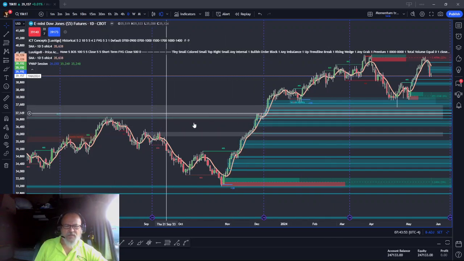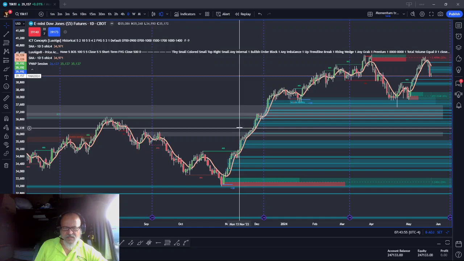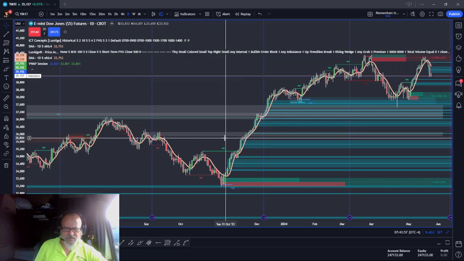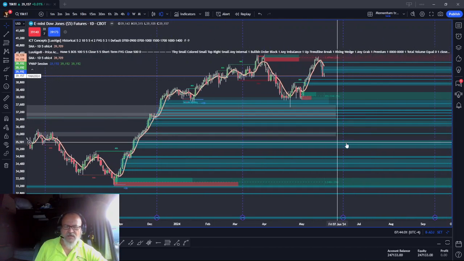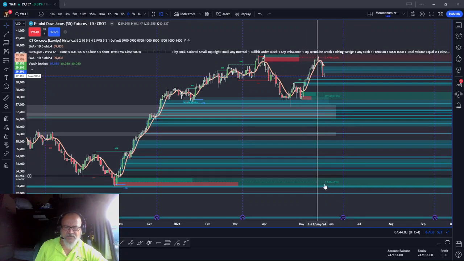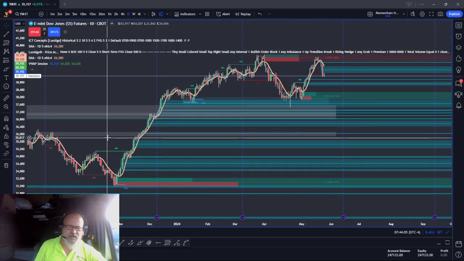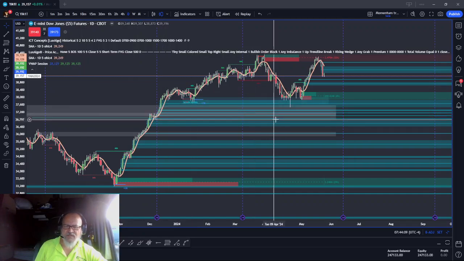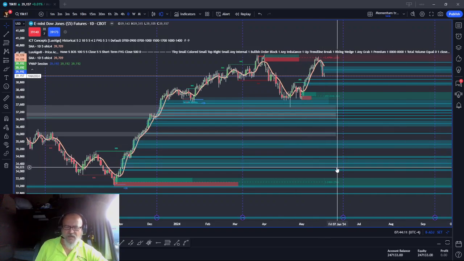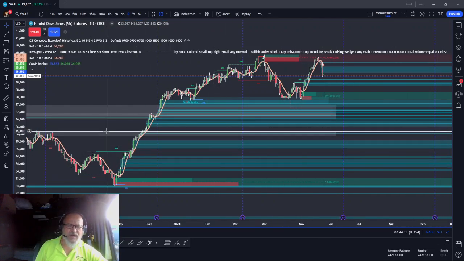So this is a daily chart, and you can see all the way back from October of 2023, these fair value gaps still show up on the daily. Now, on the 5 minute or so, obviously they're not going to show up that far back, but this is why I extend them out quite a ways, just because I want to see all of it from before. So we're going to start on the weekly though.